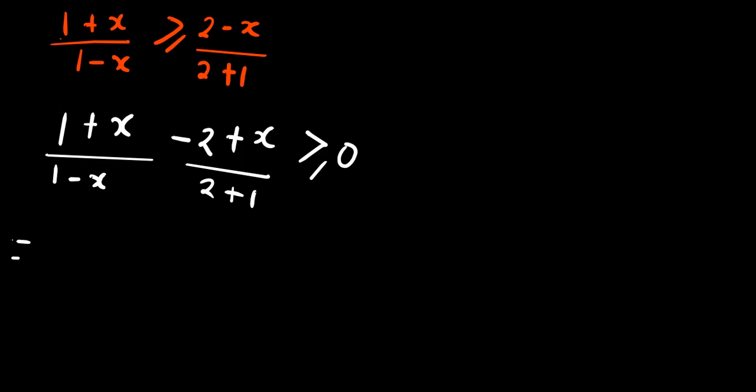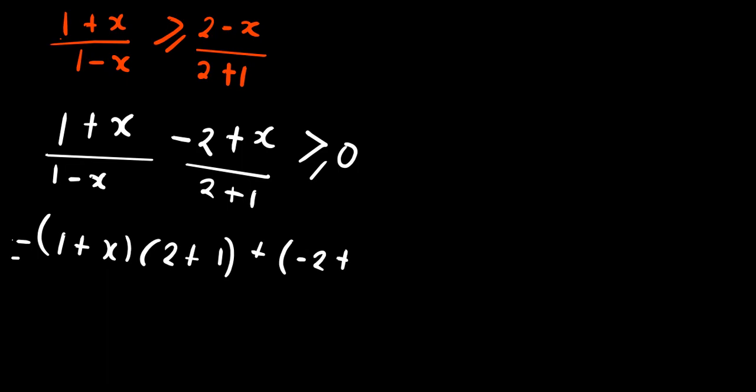So (1 plus x) is multiplied by (2 plus x). Then on the other side, plus, we've got (negative 2 plus x) multiplied by (1 minus x).